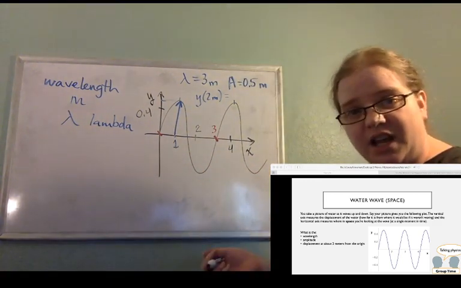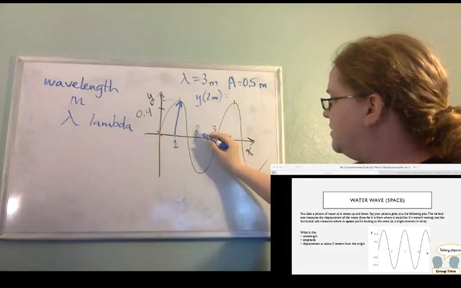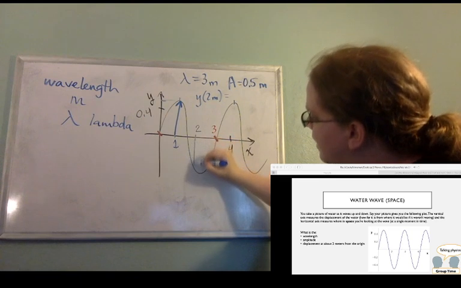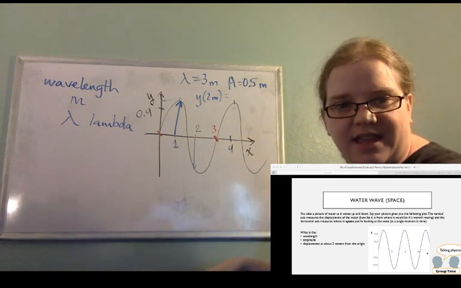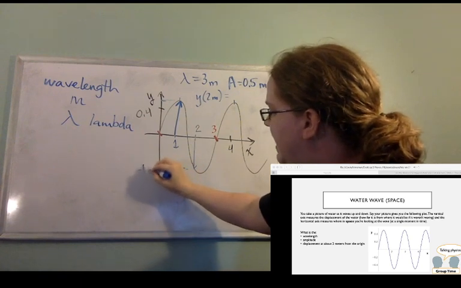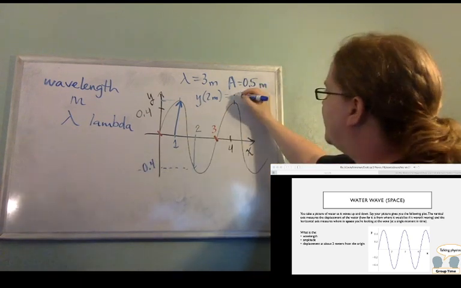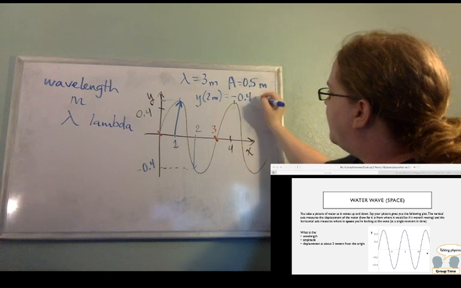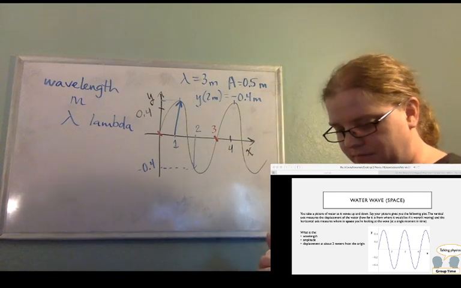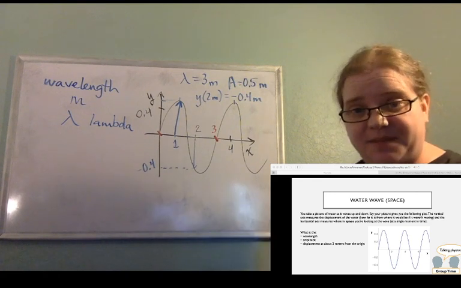So what we want to do here is we want to come over to 2 meters, right? Because this is x, so it's measuring meters. And then I want to say, where is my thing at this point? So if we come over here, this is going to be around negative 0.4. So that's what I'm going to say. Negative 0.4 meters as my displacement. Okay, that's our space picture.